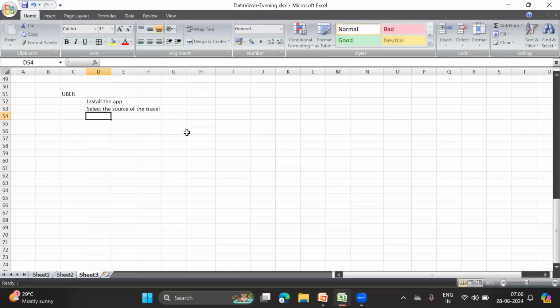Then I will have to select the destination. And then I have the option to choose the type of vehicle. We can also go with other vehicles, but I'll specifically say car. In car, again, we have multiple options.